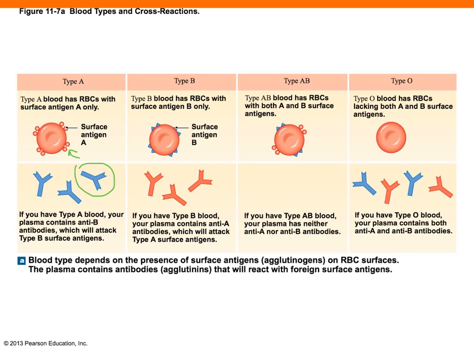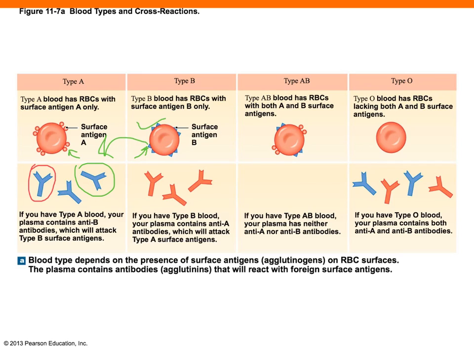And what would happen is, if this type B blood that we look at here, you can see that their surface antigens are B's. If this B blood came into this individual, the antigens of the type B blood will immediately have these antibodies grab a hold of them.